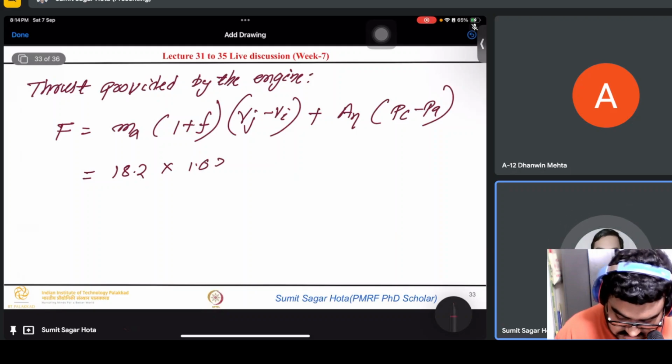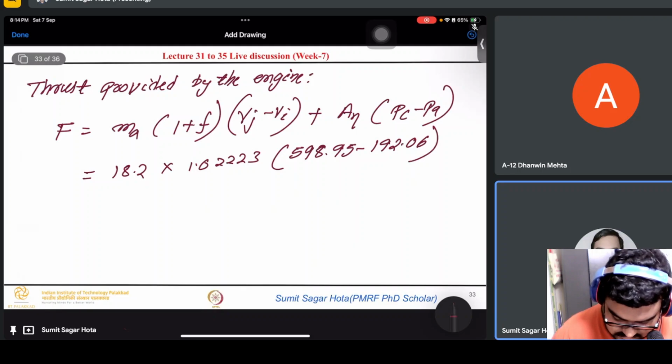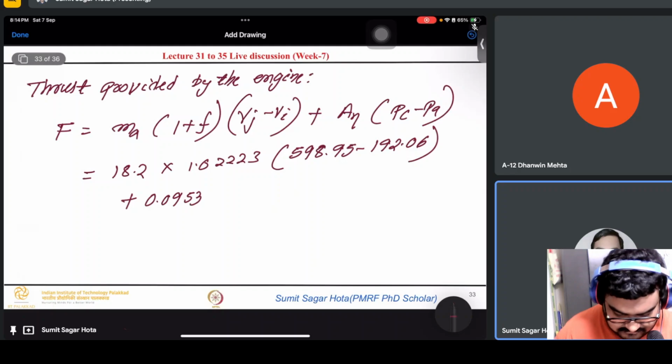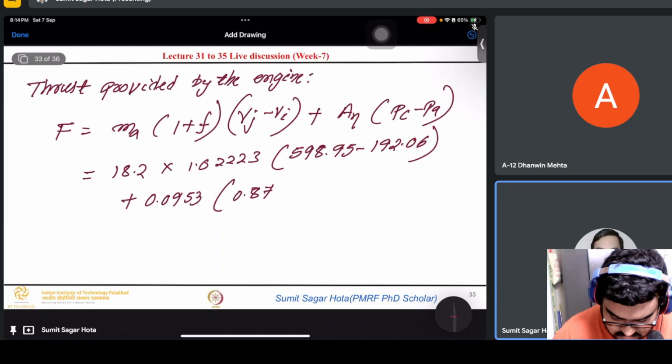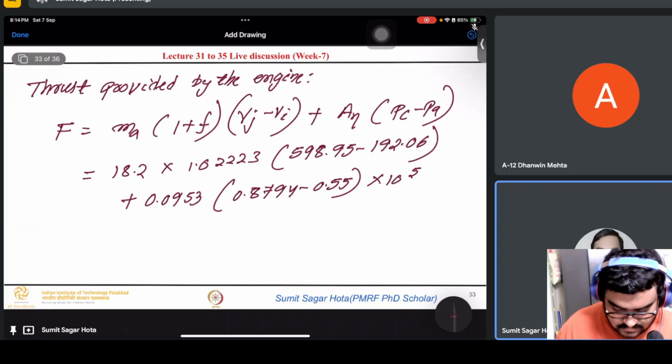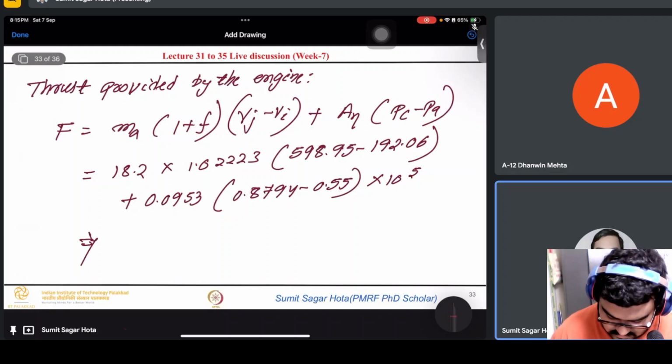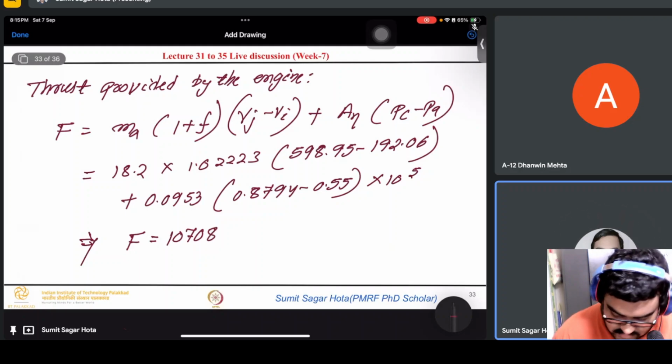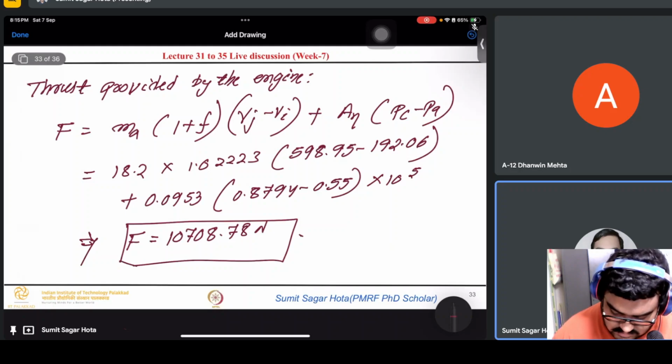Just substitute and get the answer: 10708.78 Newton. This is your answer.